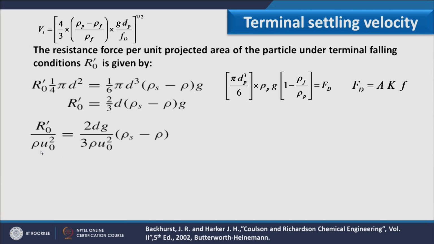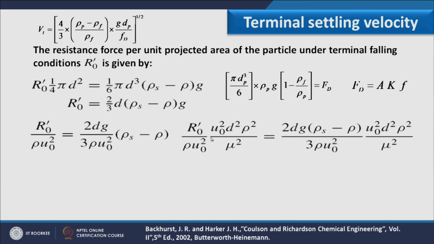Here, left hand side as well as right hand side we have divided by rho u naught square, where u naught is nothing but the terminal settling velocity, that is Vt, which we represented previously.